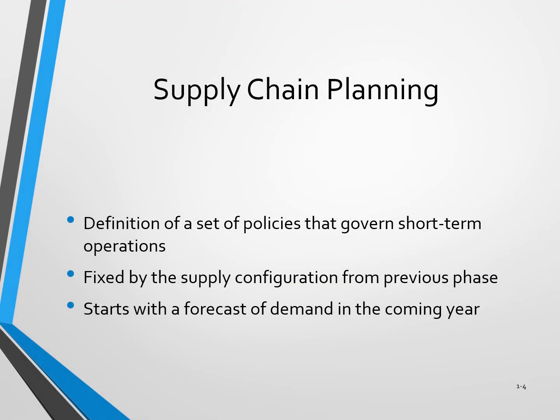Definition of a set of policies that govern short-term operations comes under supply chain planning. It is fixed by the supply chain configuration from the previous phase, and starts with the forecast of demand in the coming year.